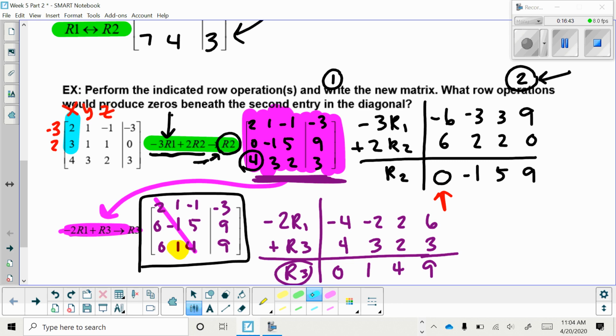Okay, so whenever you're trying to manipulate a particular row, so in this case, we're trying to manipulate row 3, when you're trying to figure out your order of operations, you have to include that row in your math. But you can pick any of the other 2 rows to combine with it.